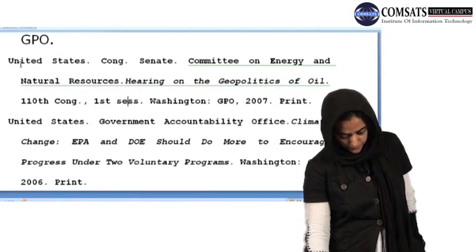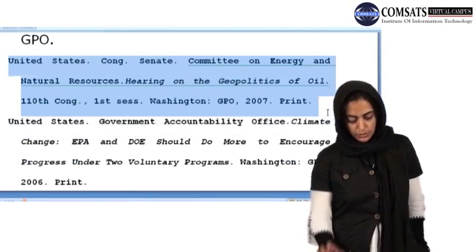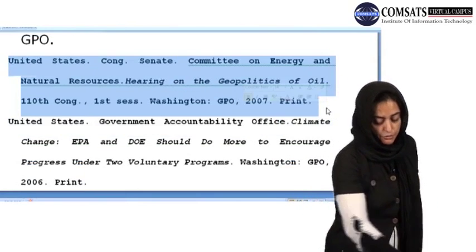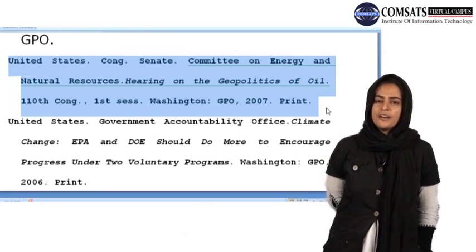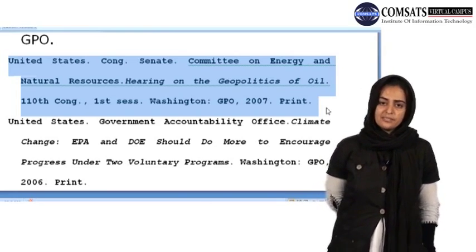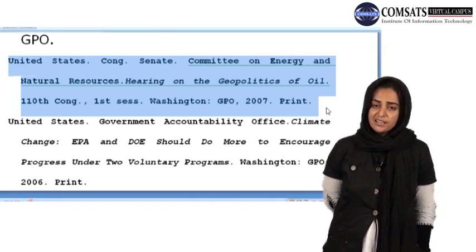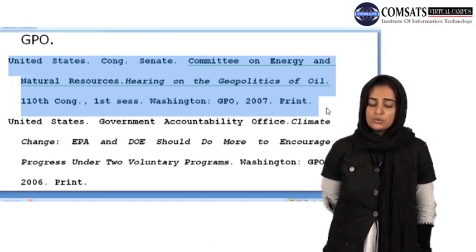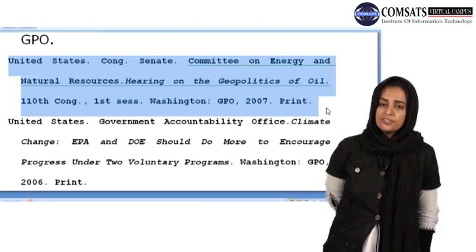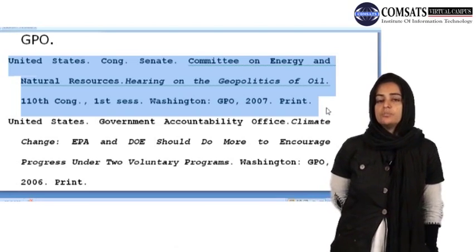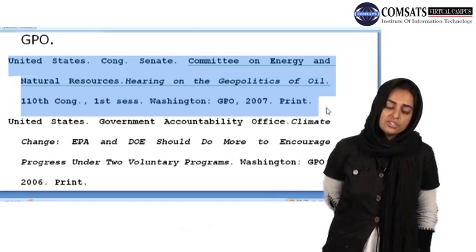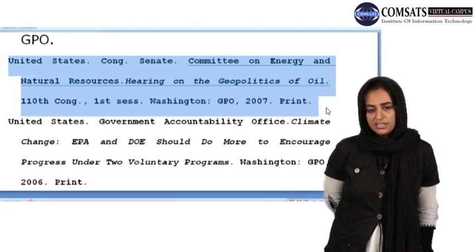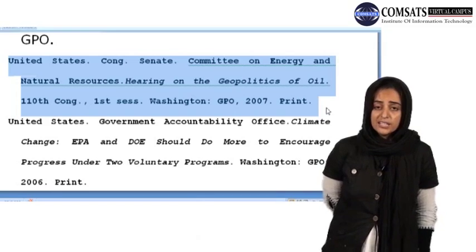Here, dear students, you are trying to create the detailed reference for the works cited page through the MLA referencing style for a government publication, in which the individual author's name is not available. Then you will start with the general name of the government, then move to the divisions and subdivisions in the form of committees like Congress and Senate.